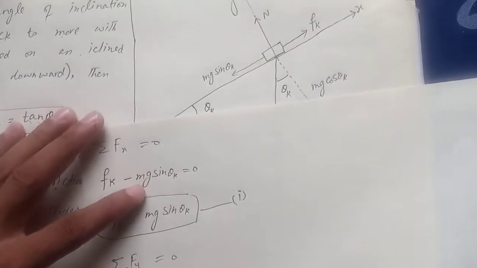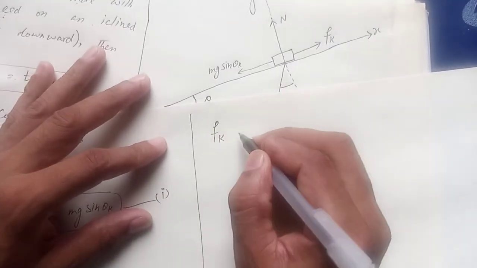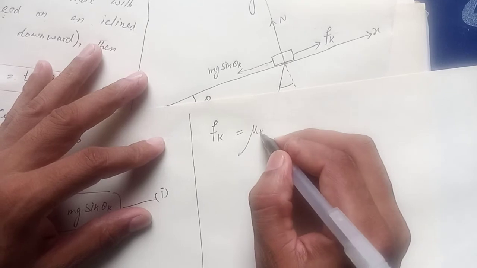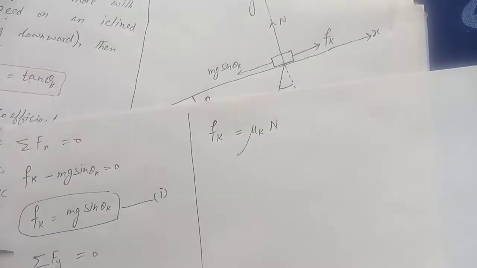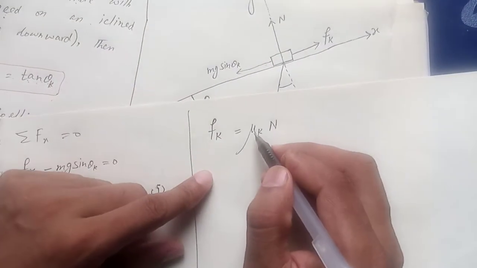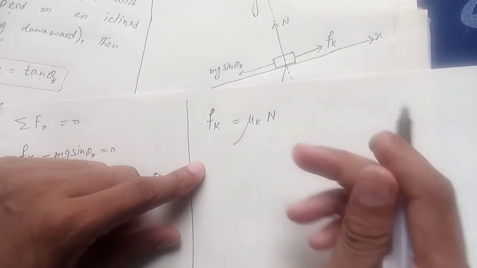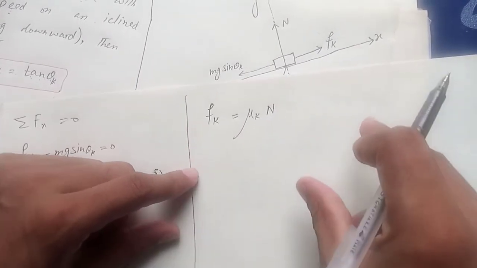As we know, the kinetic friction is written as mu k n. Mu k is the coefficient of kinetic friction and n is the force normal to the surface.